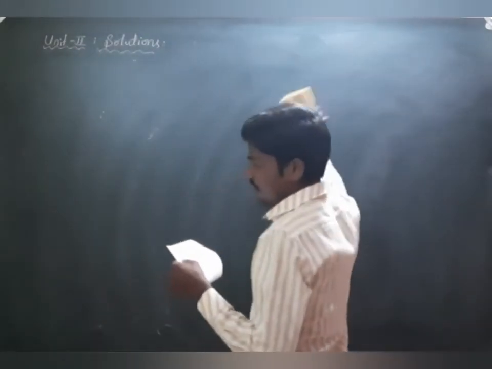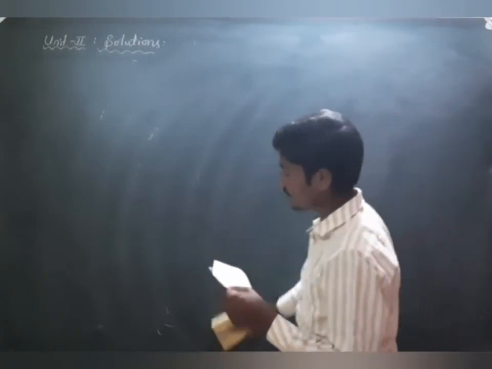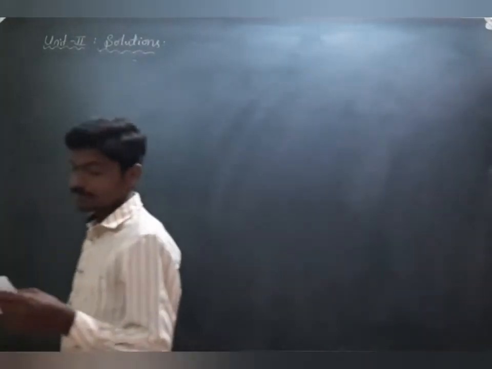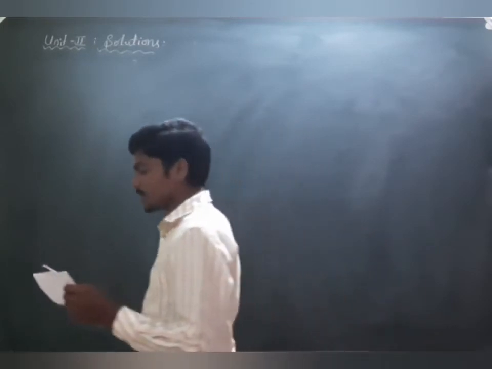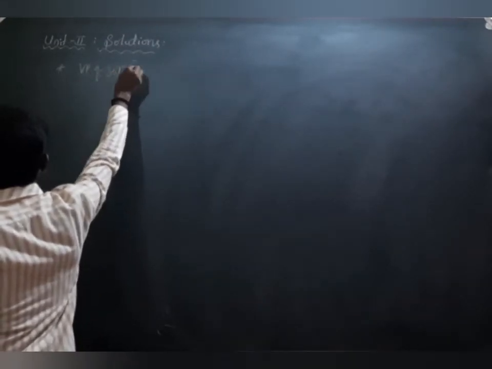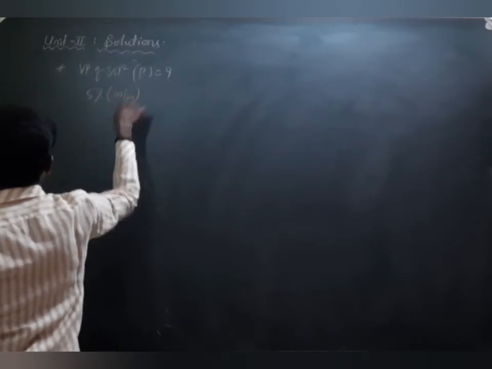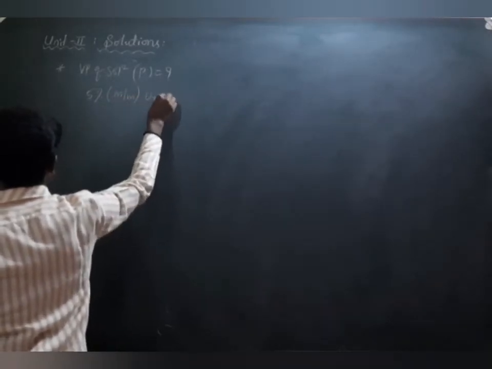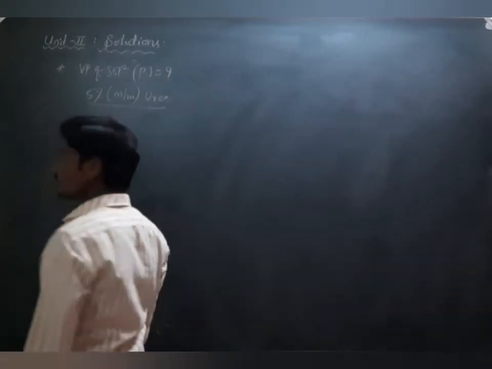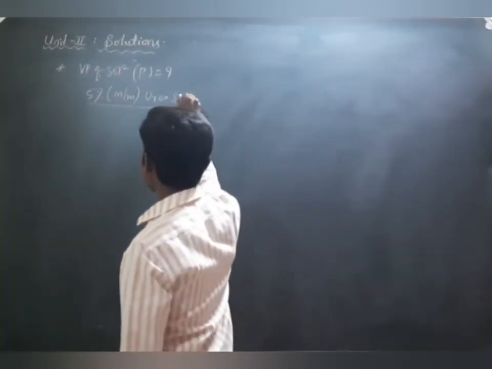Calculate the vapor pressure of an aqueous solution which contains 5% of urea by its mass. Calculate P, the vapor pressure of the solution, which contains 5% by mass, W by W or M by M, urea solution. 5% of urea solution is given, aqueous solution.